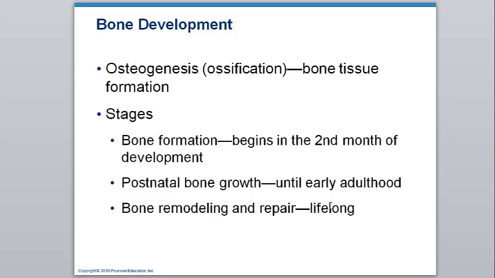After adulthood, it's all about maintaining it, repairing it, and remodeling based on the needs of your body. These are the three stages that you have in your lifetime. You initially start with the bone formation, the fetal stage. After the baby is born, it's a postnatal bone growth. And then entire adulthood is remodeling and repairing.